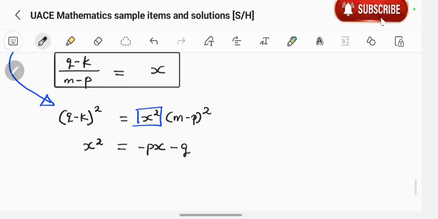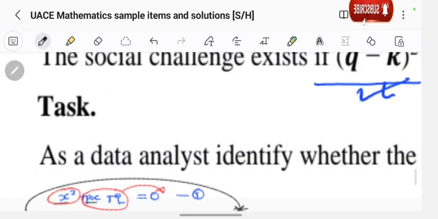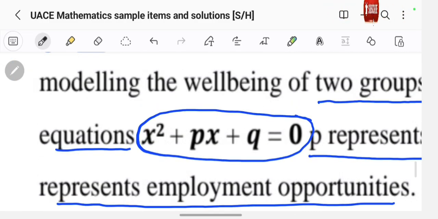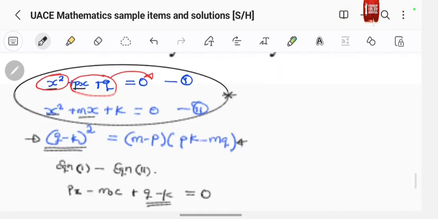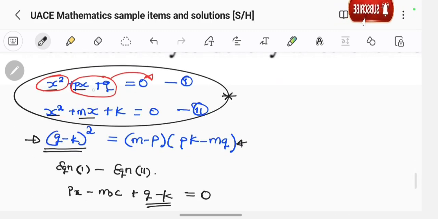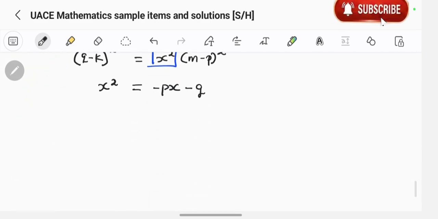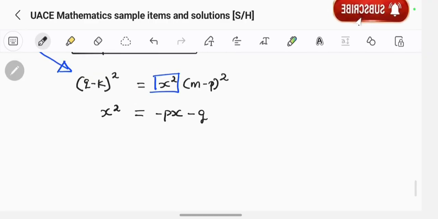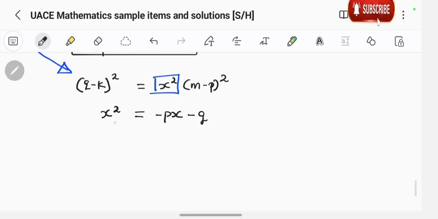That's the value of x squared from up here, from our summary here.